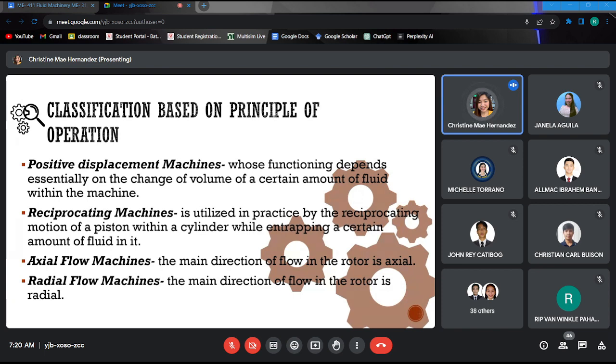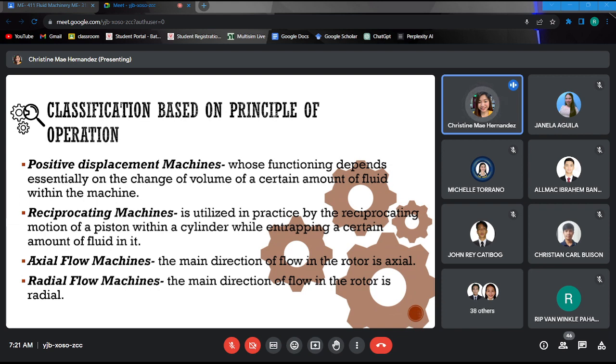So next is the axial flow machine. So yun lang, the main direction of flow in the rotor is axial, while pag radial flow machine, the main direction of flow in the rotor is radial. So dalawa yung ating radial flow. Okay, pwede siyang radial flow turbines, radial flow pump, and compressor.